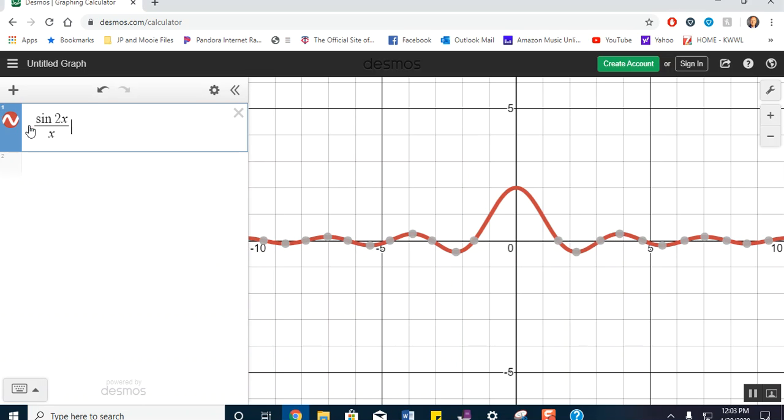Where's your problem spot, kids? Okay. Where's your problem spot? 2. Oh, come on. x equals 0. 0 is my problem spot.